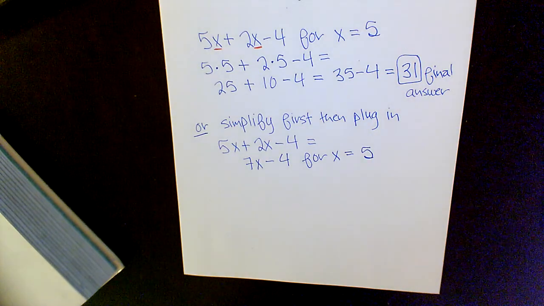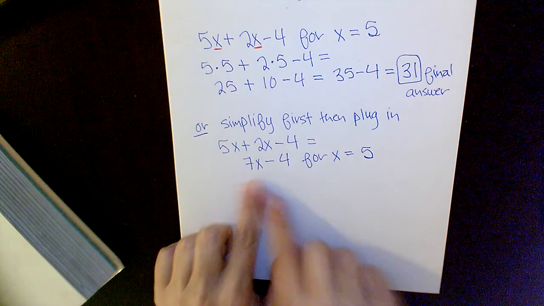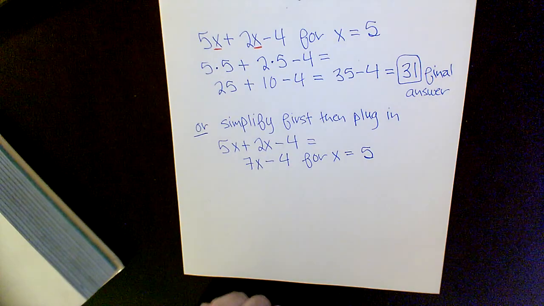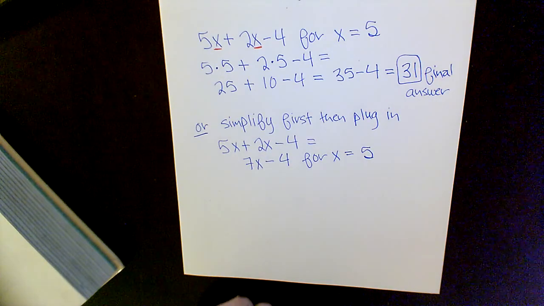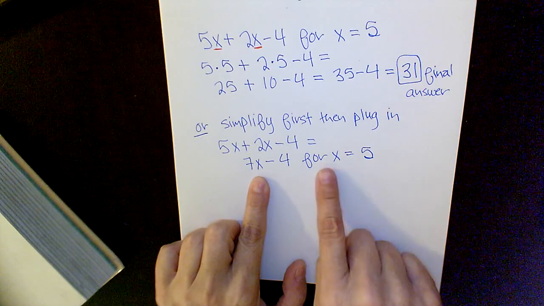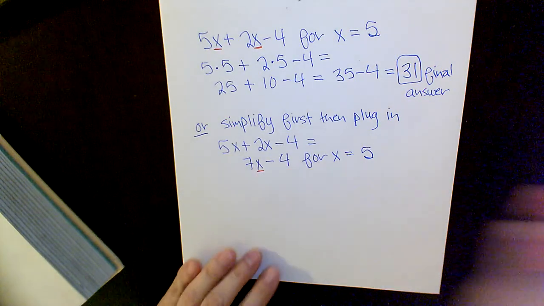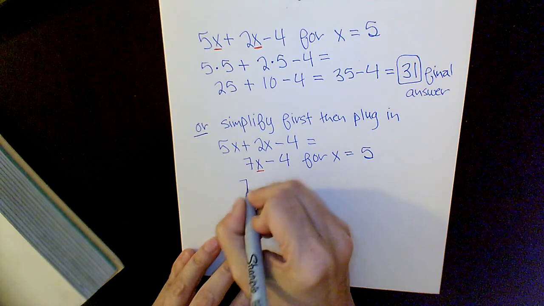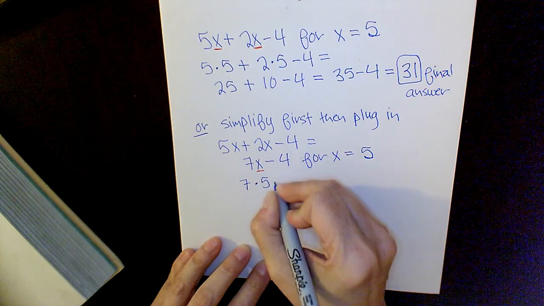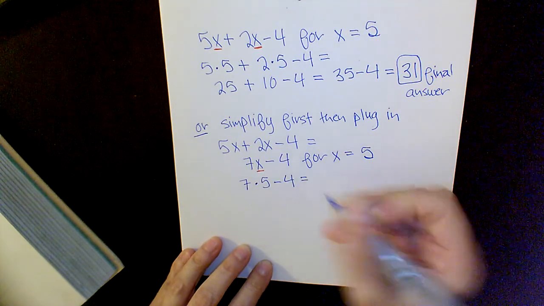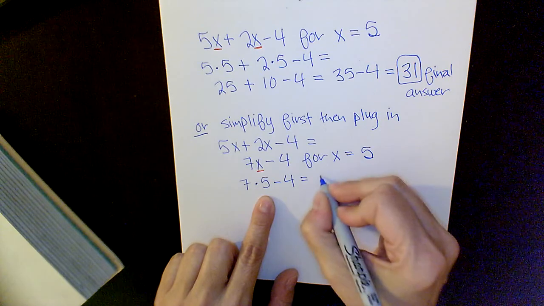You might find that easier. So simplify your like terms first. Combine your like terms. So x is 5. Again, right here, I'm going to plug in 5 and I'm going to multiply. And 7 times 5 is 35.